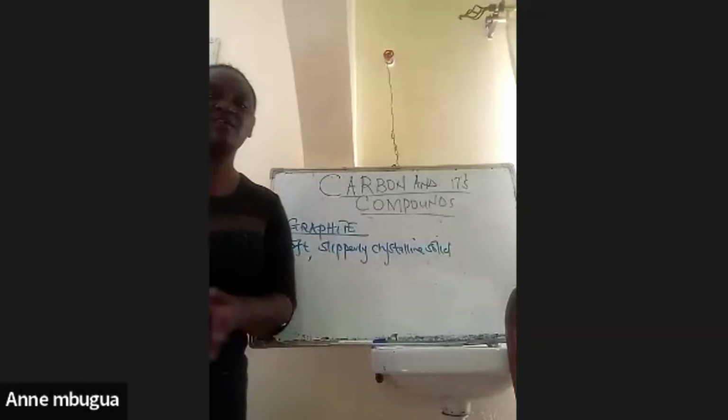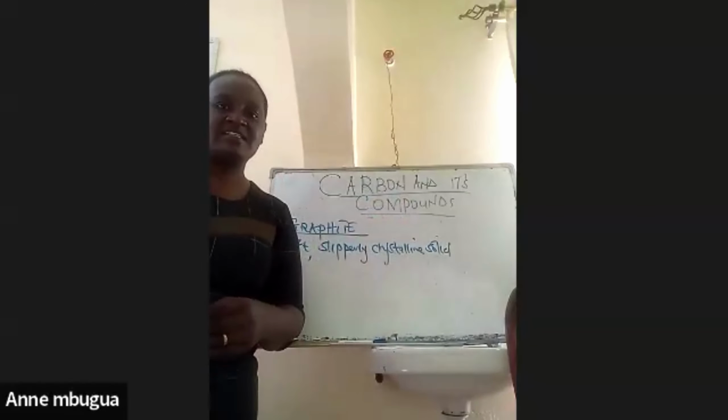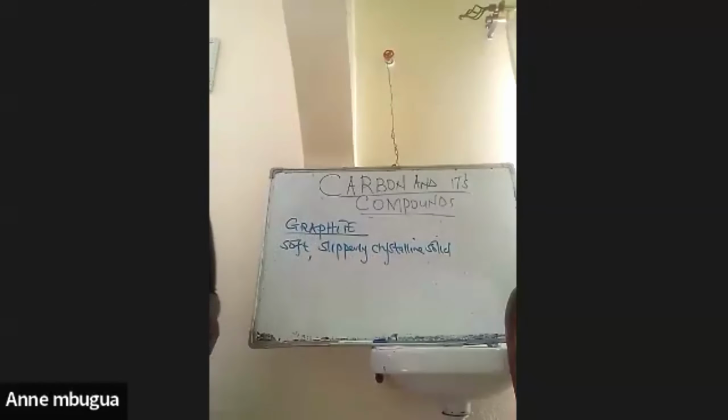And it's good to get the differences. The other one, diamond, is a transparent, shiny crystalline solid. With this one, it's black, soft, and a slippery crystalline solid.